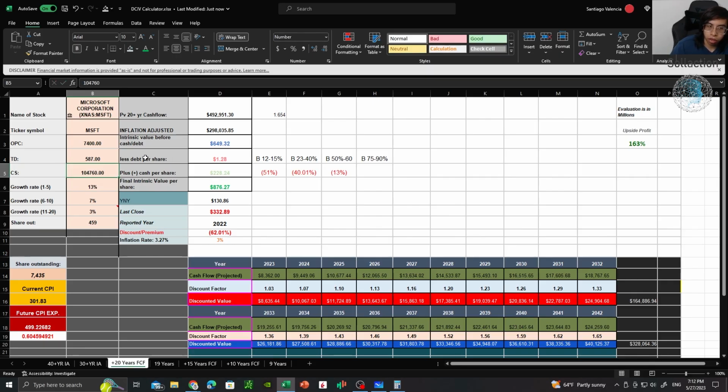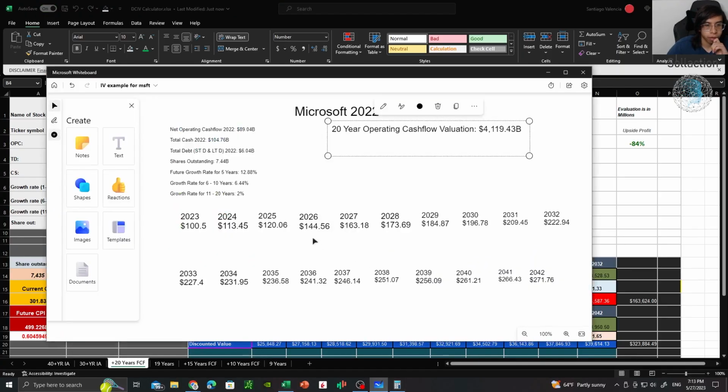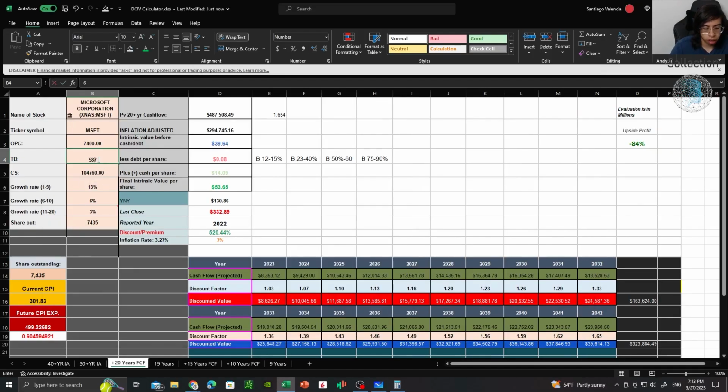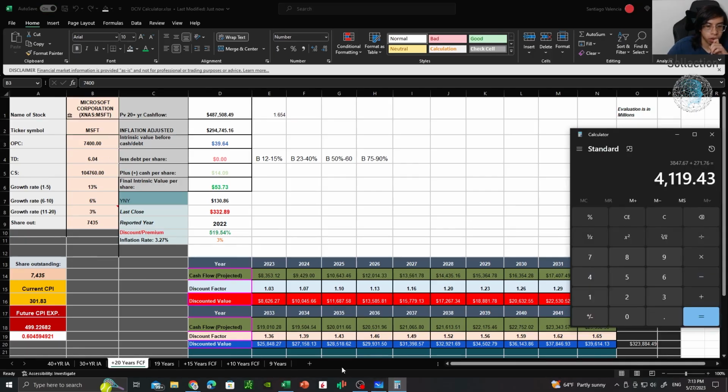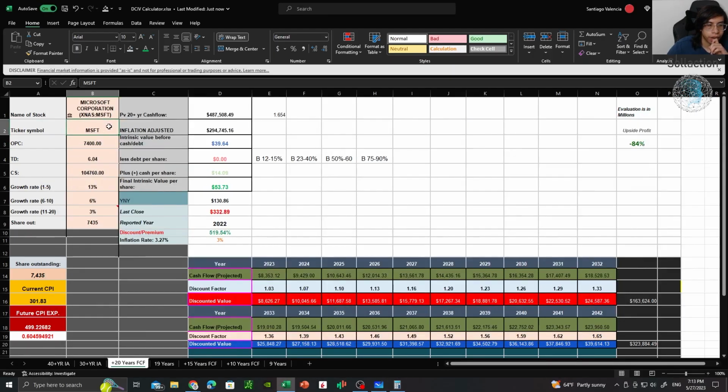It's 104,000 million. And then the operating cash flow, and also look at its shares outstanding. So it's about 12.88. There you go. And the short-term debt is about 604, and then its operating cash flow is 8904.